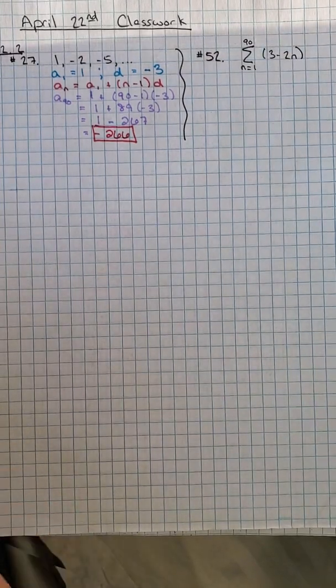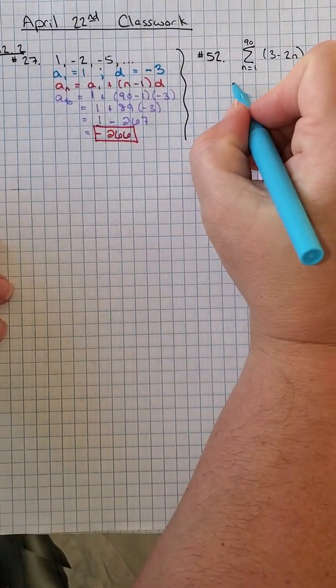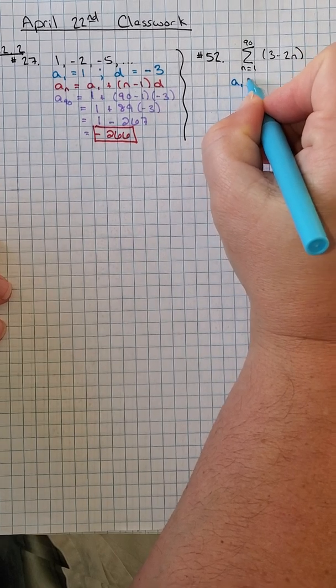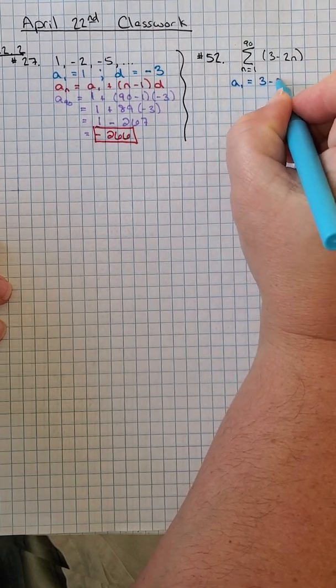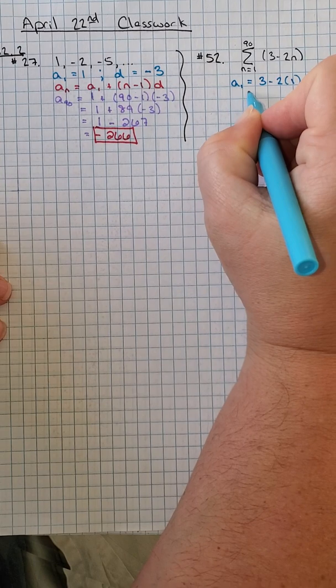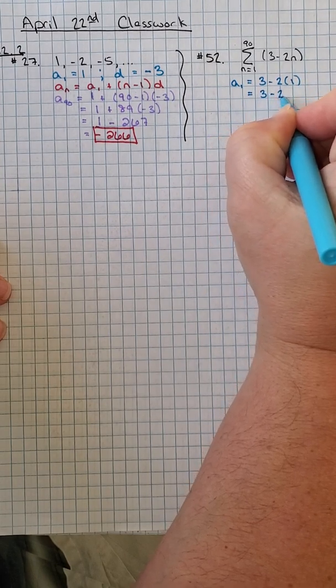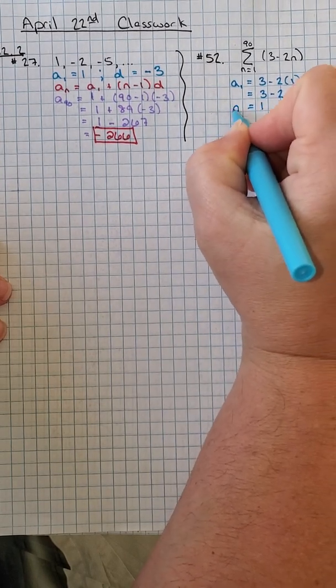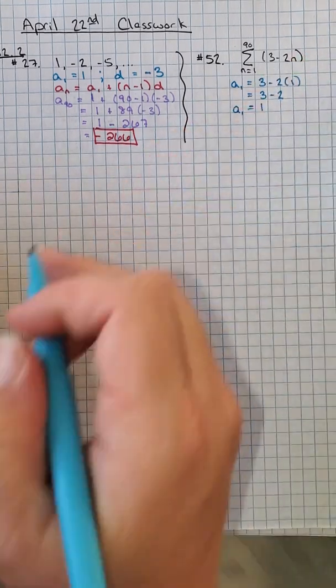So the things we need to know from here are a sub 1. When you fill in 1, you'd have 3 minus 2 times 1. 3 minus 2, that equals 1. So a sub 1 is 1.